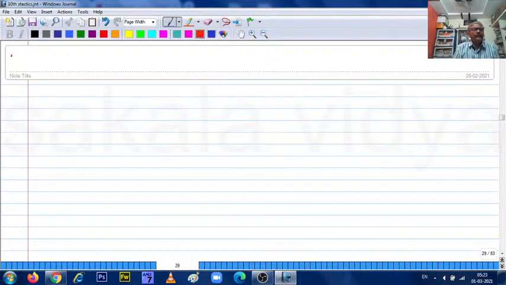Now the solution. First write down like this. First prepare the table.